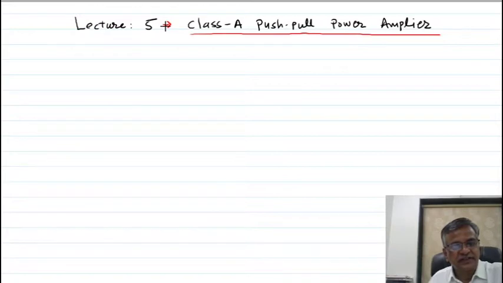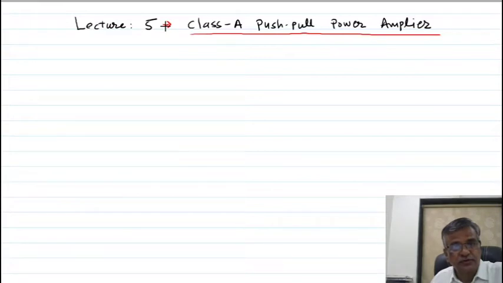In the last lecture, we saw the drawbacks, or disadvantages, of the single-ended transformer coupled amplifier. In lecture number 3, we derived the efficiency of a transformer coupled amplifier, and it is 50%.